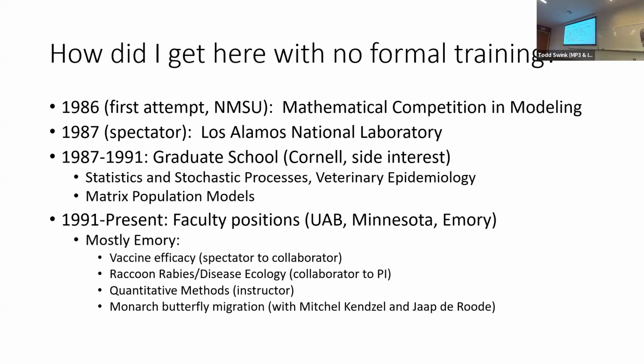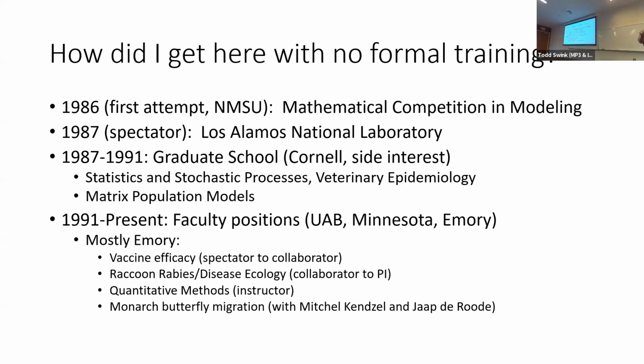Then I was studying statistics and taking a stochastic processes class, and epidemiology in the veterinary school. I was doing more and more statistics and epidemiology, but not really the differential equations, although I did take a matrix population model class, like age distributions and stable populations. I thought it was interesting, but it was kind of a side interest.